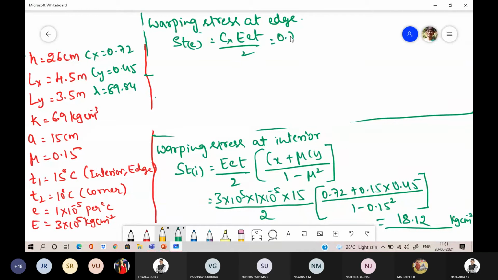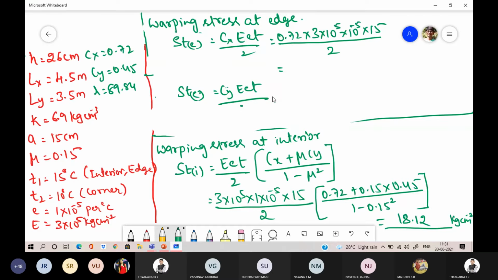So Cx is 0.72 into 2 into 10 power 5 into 10 power minus 5 into the edge region temperature, 15, right? Calculate how much you are going to get. Then similarly calculate for the edge region Cy E e T by 2, 0.45 into 3 into 10 power 5 into 10 power minus 5 into 15 by 2. How much are you going to get?